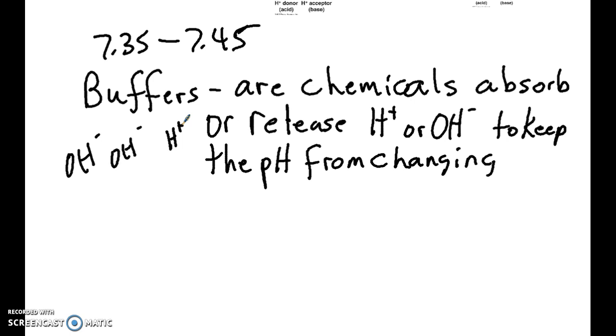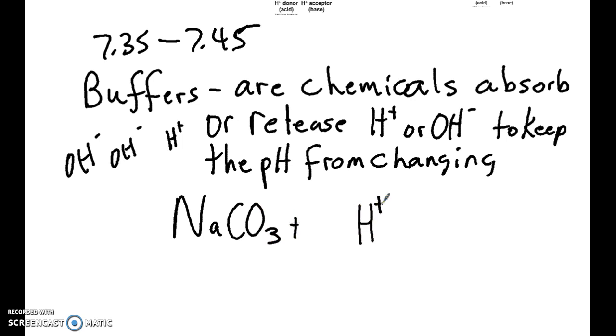Now, in your blood and your body, very often you use sodium carbonate, Na2CO3, plus hydrogen. Okay, and it will form what we call sodium bicarbonate, which is basically baking soda.